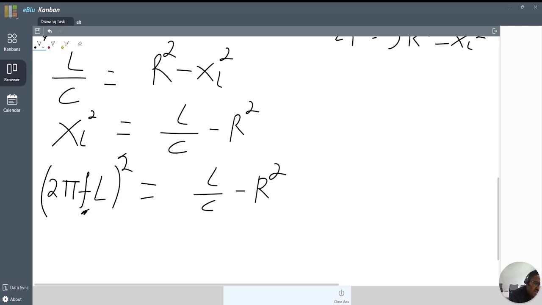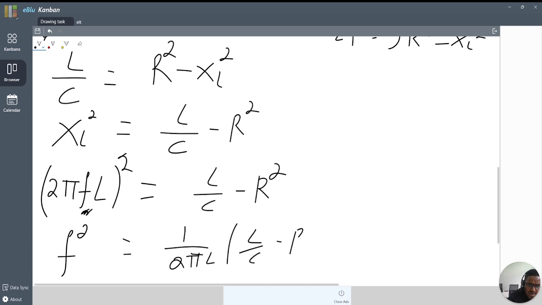So to determine the resonant frequency, F square becomes, let's see, simply (2 pi F) square equals L over C minus R square, over L square.